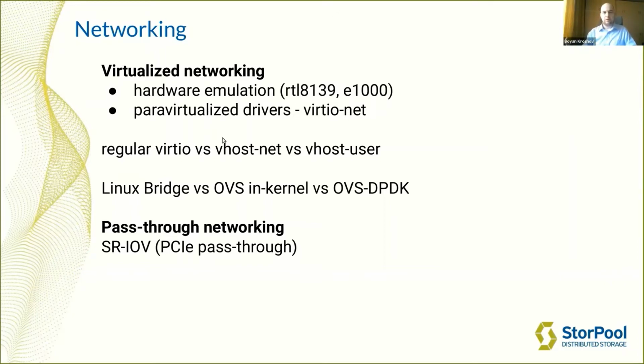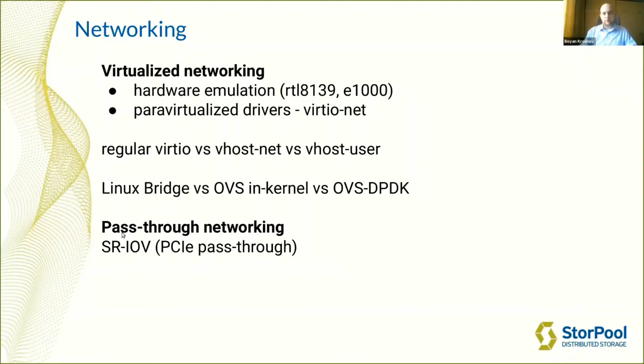In networking, you could either do virtualized networking, which means that the packets of the virtual machine get processed in the host in some way, for example, doing bridging or firewall or shaping in the host operating system before they're passed to the physical network underneath.